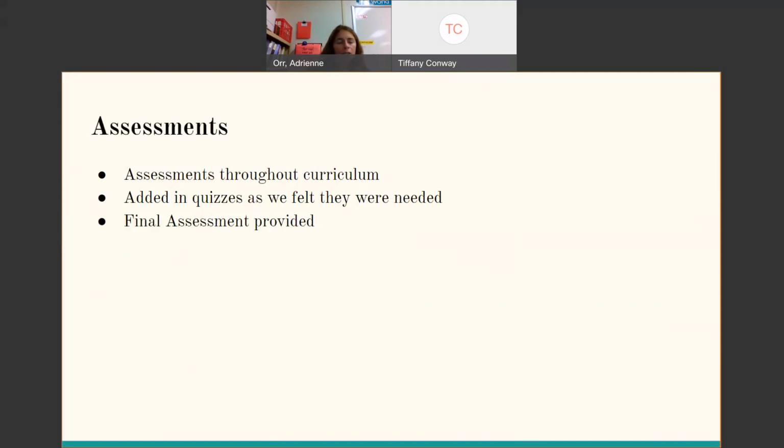So we created some of our own quizzes or took theirs and elaborated on them. They also have a final assessment, and we changed ours quite a bit from the original one. That's in that folder on the shared drive too, so you can compare it to the original one and see what's going to work for you.